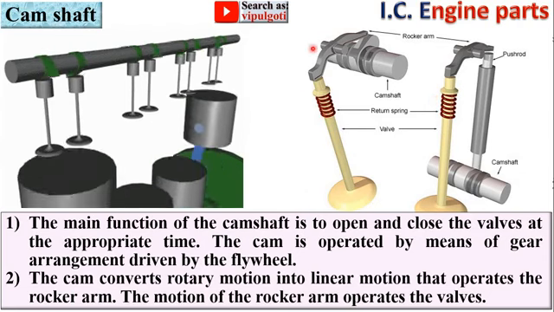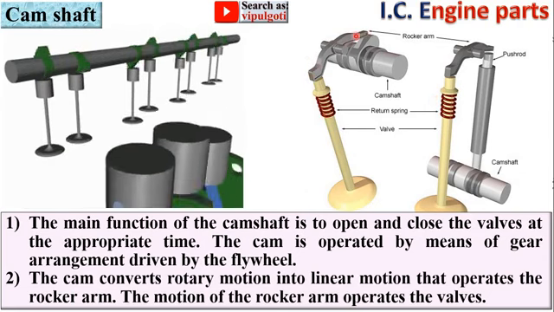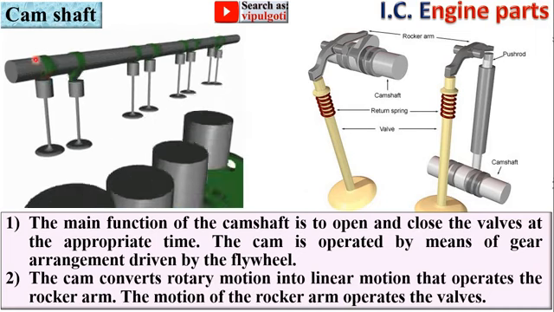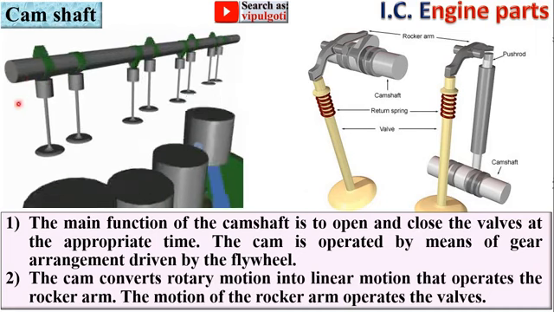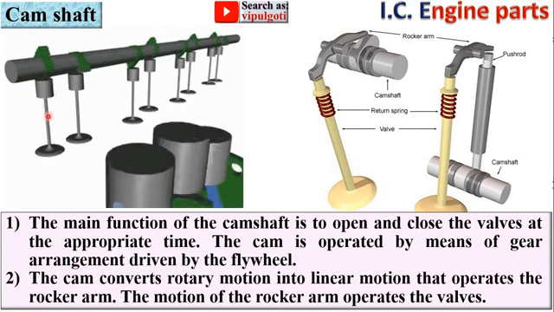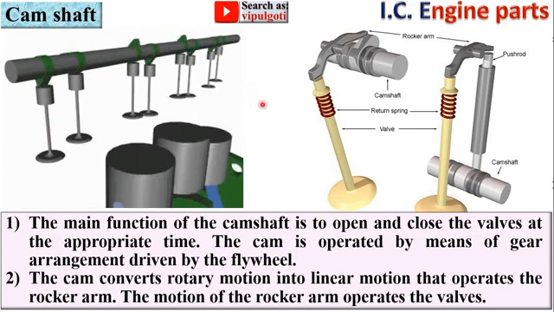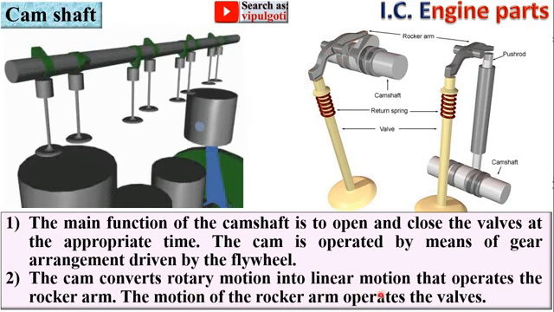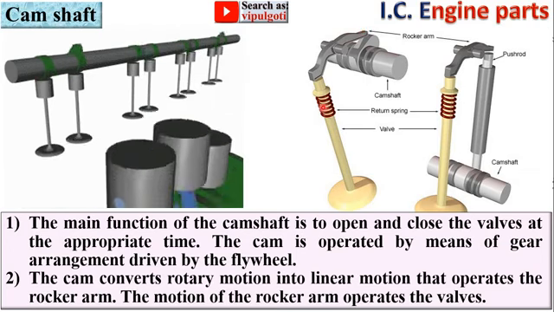So here you can see this one is the rocker arm. The cam that is provided over here converts the rotary motion of the camshaft into linear motion that you can see over here, and that operates this rocker arm. The motion of the rocker arm operates the valves.